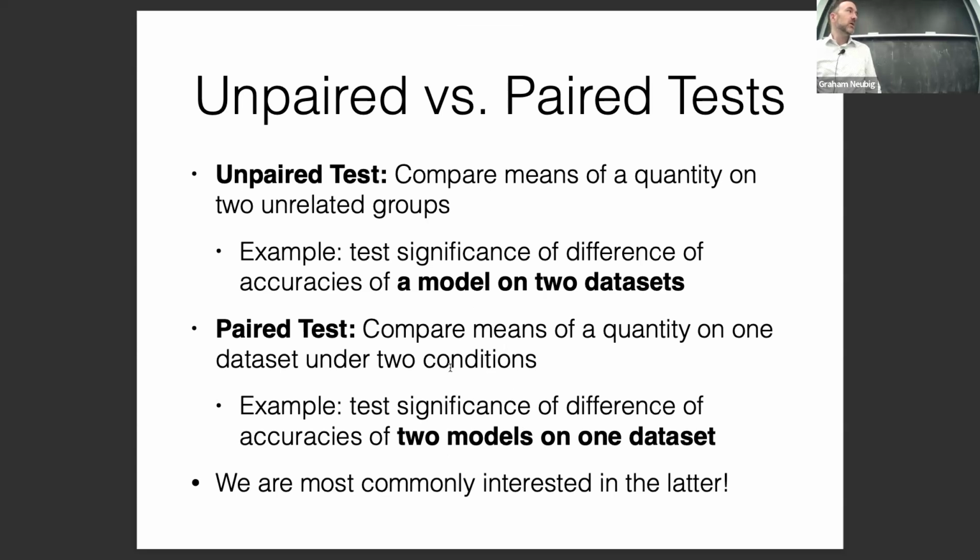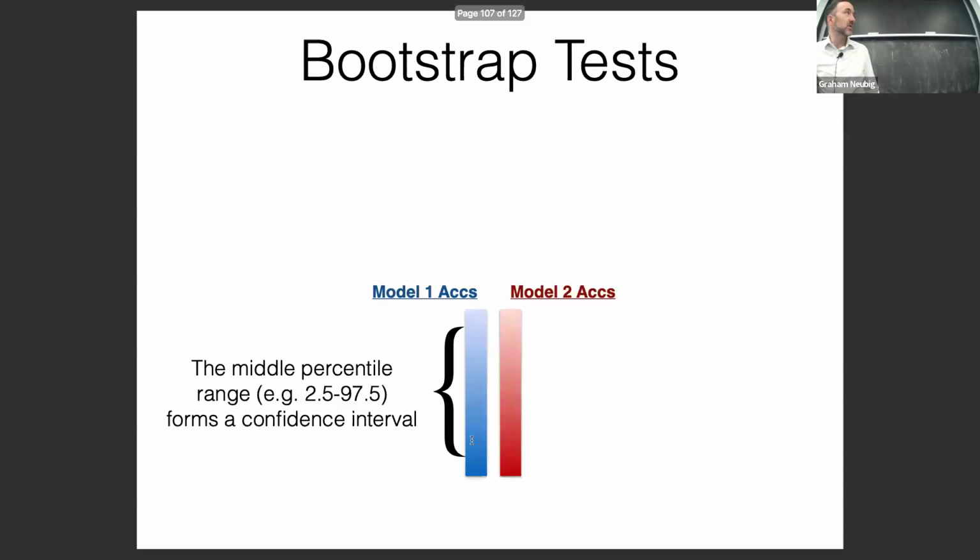Number two, if we can make assumptions about the association of the points in a data set, we're much, much more likely to get a significant result because we can look at the difference of the models on individual data points as opposed to looking at just the difference in the means.